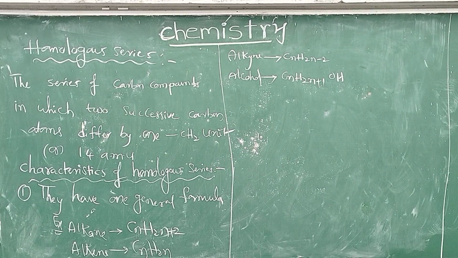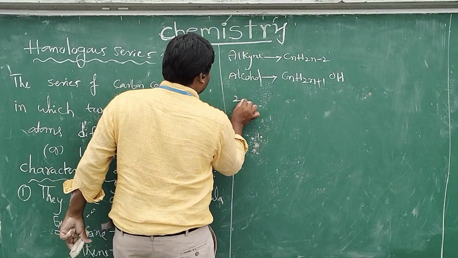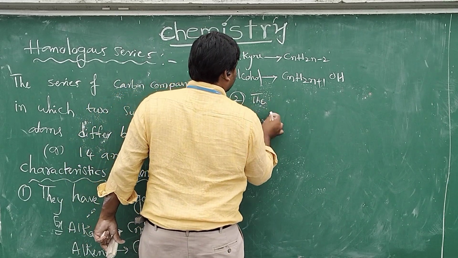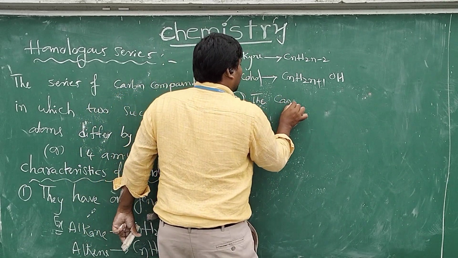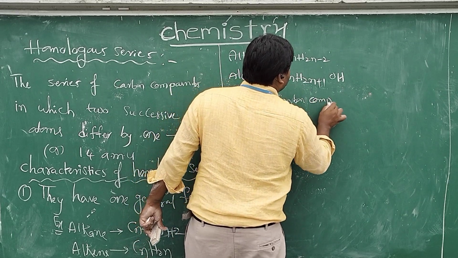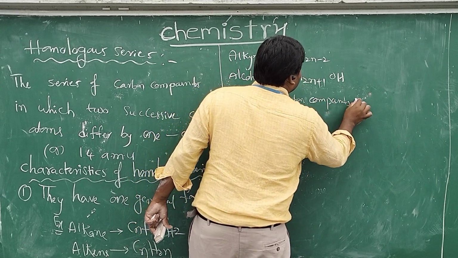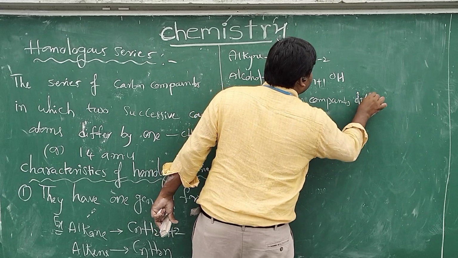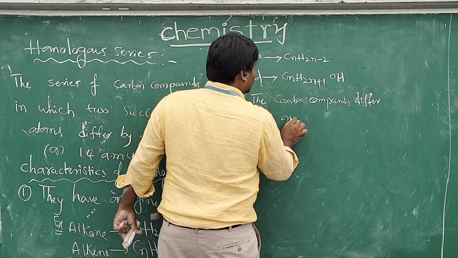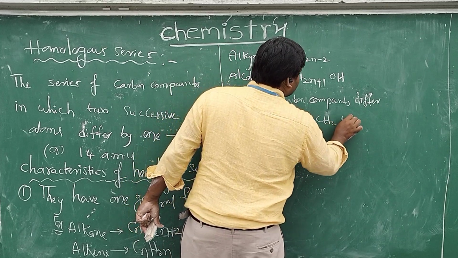Next one is the carbon compounds differ by 1 CH2 unit.